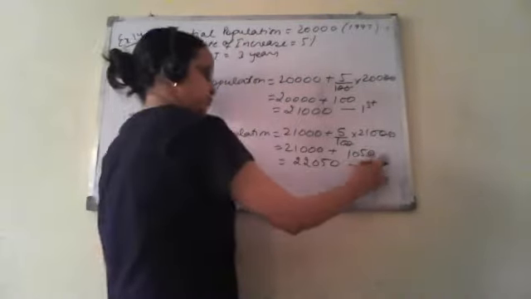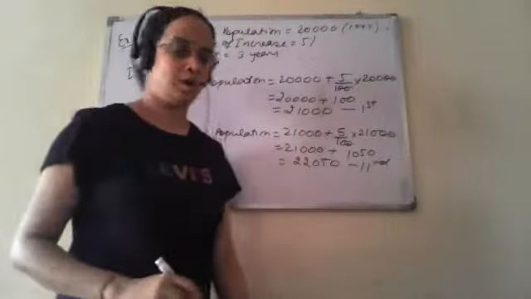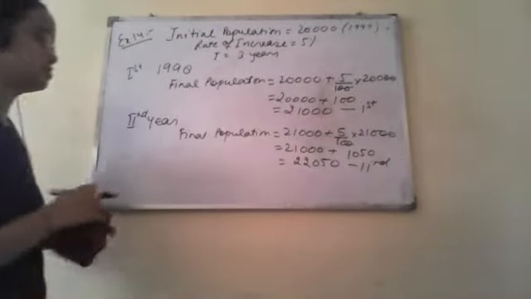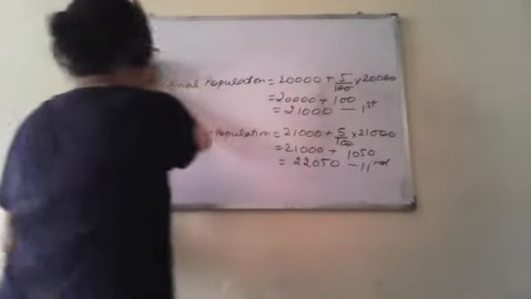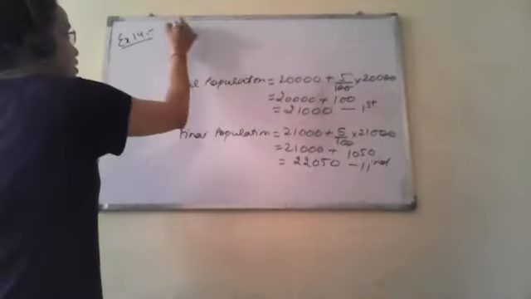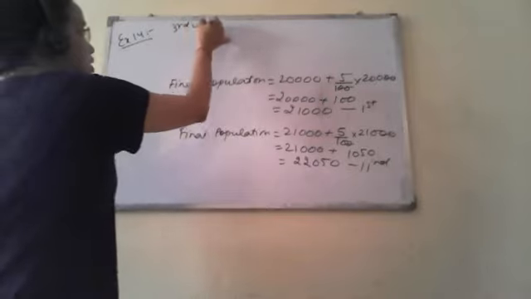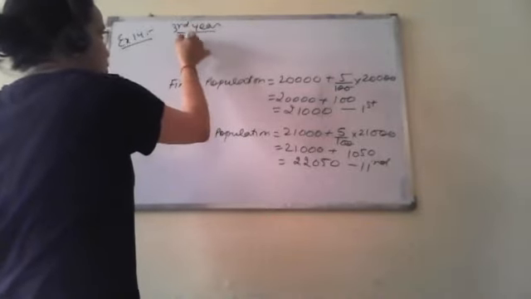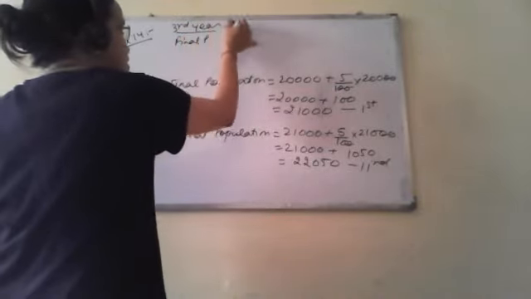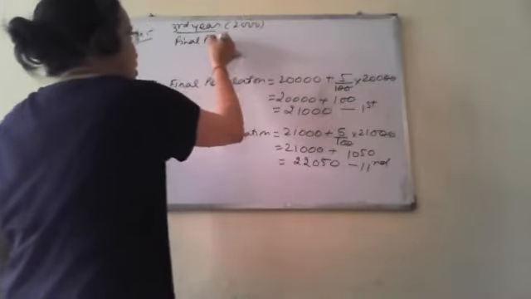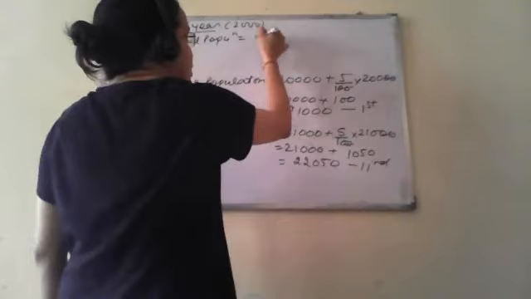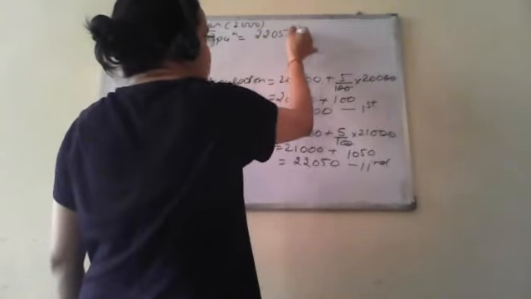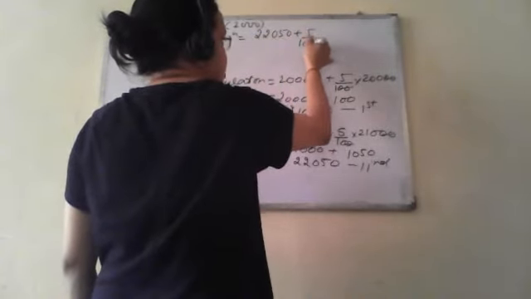Okay, it is almost similar to compound interest. Now what happens in the third year, or at the end of 2000? The final population will be this 22,050 plus a further increase of 5%.